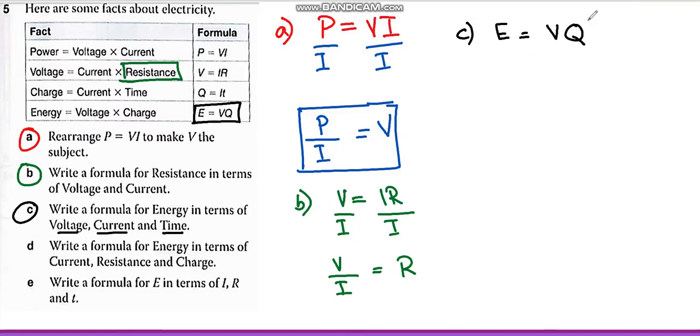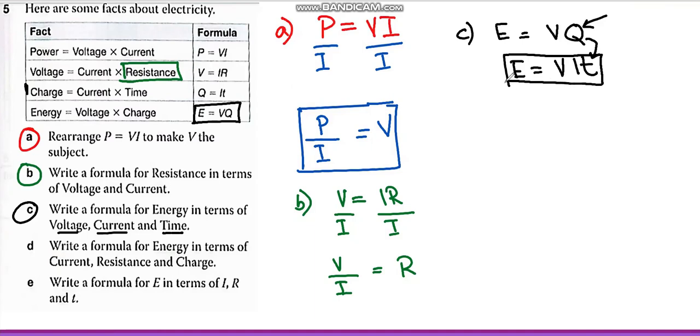Means we don't need the charge over there. Basically, charge is being represented by Q in its above statement, that charge is basically equivalent to the product of current and time. So we can replace this Q with I and T. So our formula will become V times IT. Like we have replaced Q with IT.